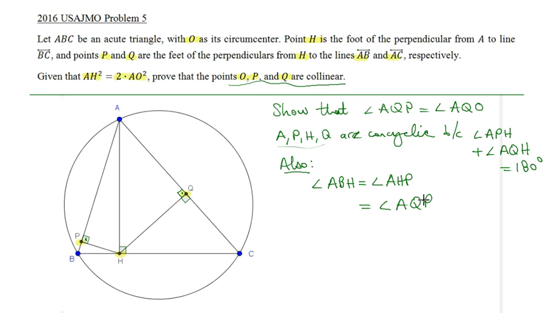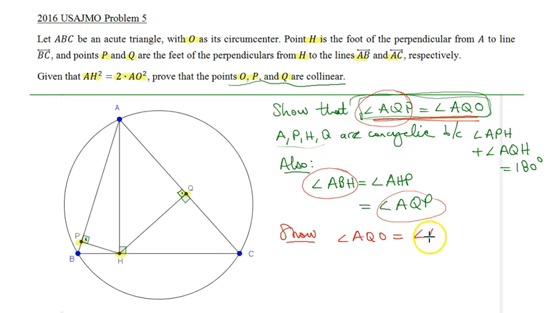Therefore, instead of showing this, we claim it's easier to prove that angle AQO is equal to, so I will simply replace the AQP with ABH, angle ABH. So that's all we need to establish the desired collinearity given in the problem.